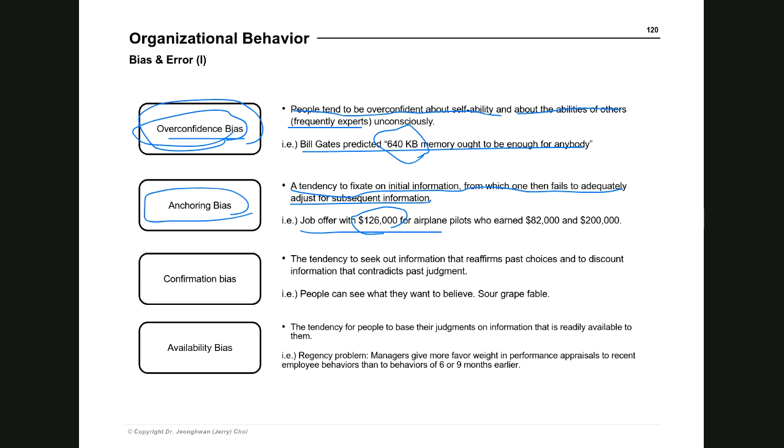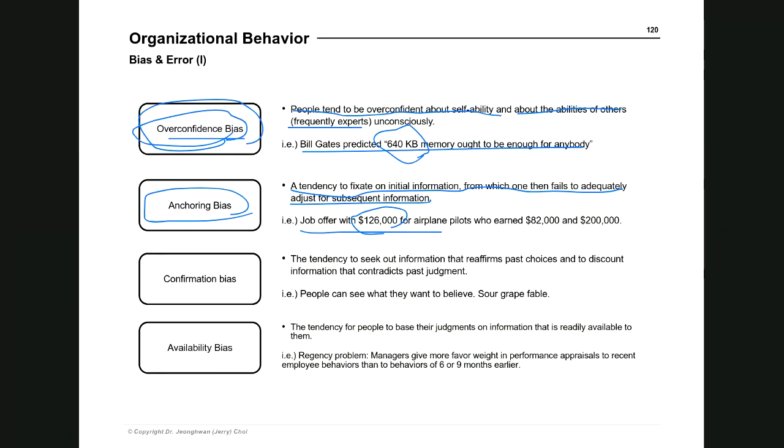He is taking a salary of $126,000 per year. However, unfortunately, something happened, and the pilot needs to find another job.